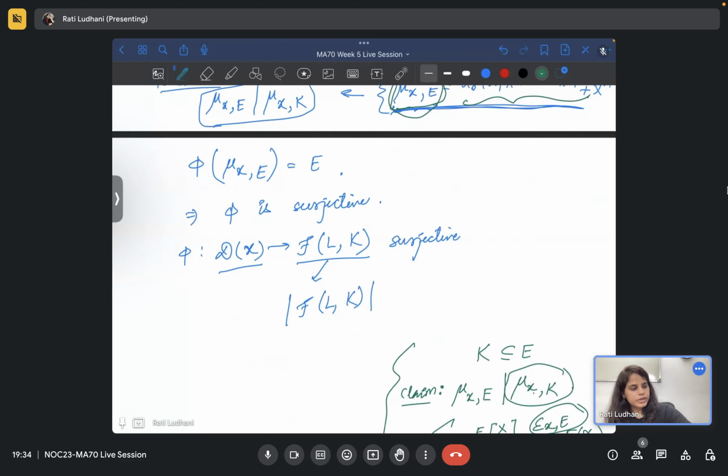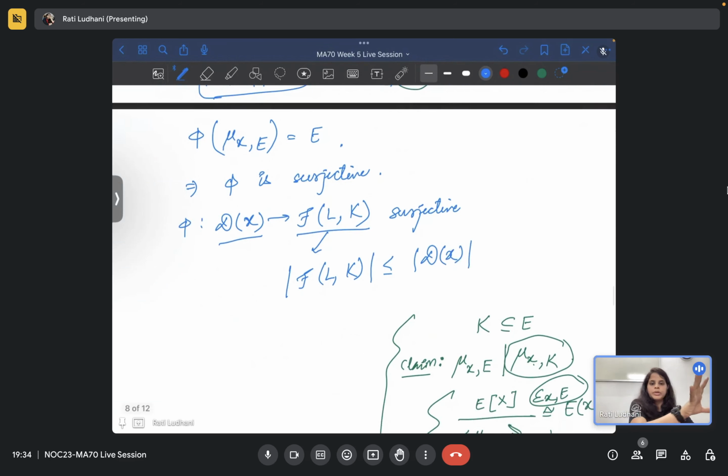And now that it is surjective, what do you have? Surjective means that on the right hand side you have fewer things than the domain. The codomain is exactly your image. So the cardinality of the image is always less than or equal to the cardinality of the domain.